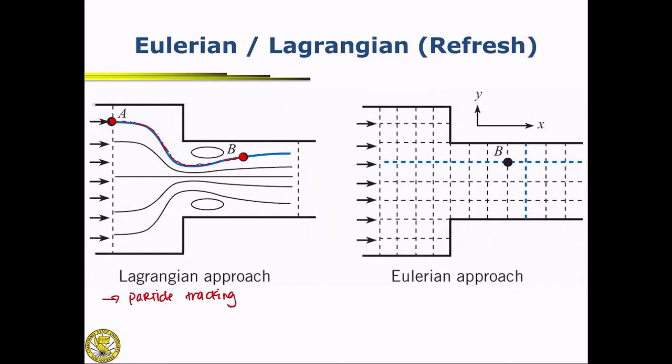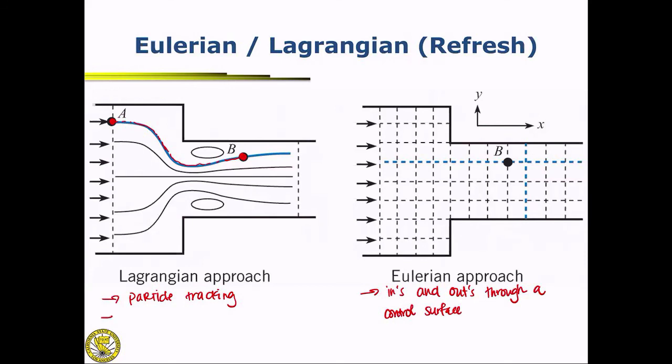The Eulerian approach is what I call kind of like the lazy man's approach, where you're just tracking the ins and outs, right? Through a control surface. So this is not just one particle or one system.